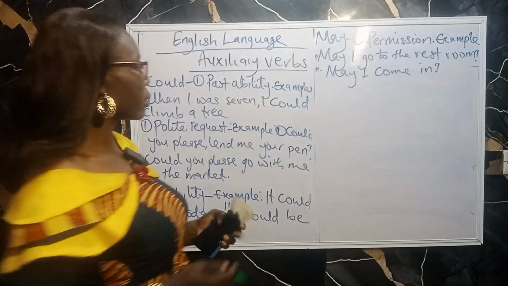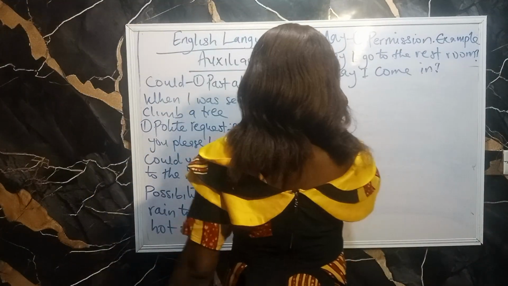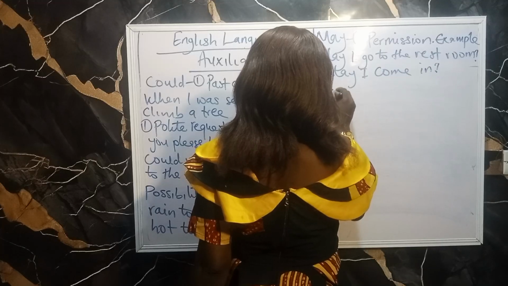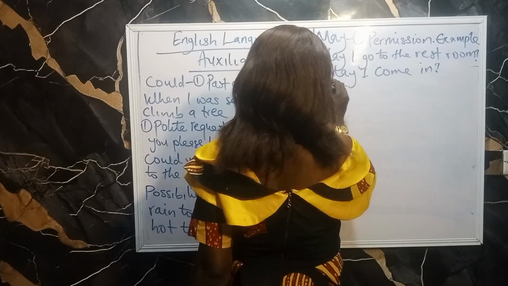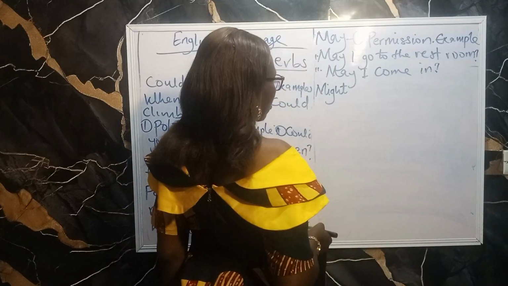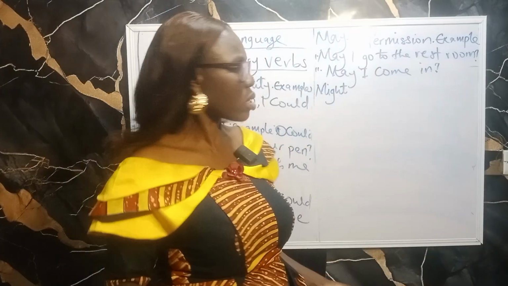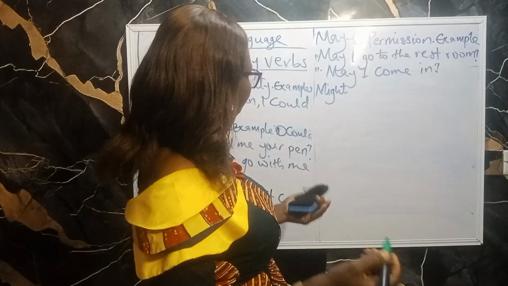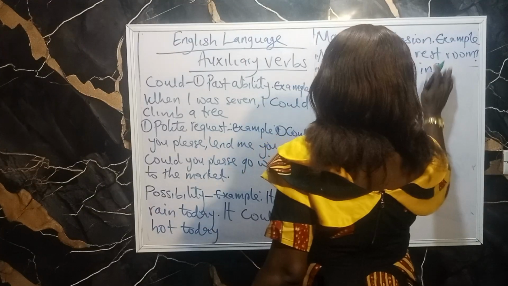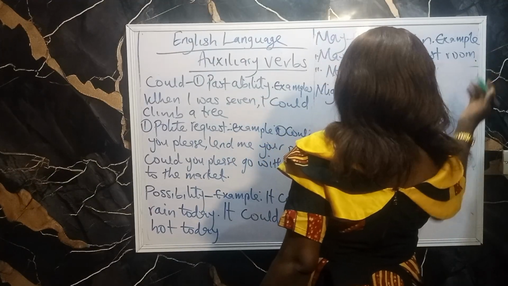May I come in? Okay. Then we also have might. You may even say it without using it as a question. May I come in? So the question mark is not even necessary.